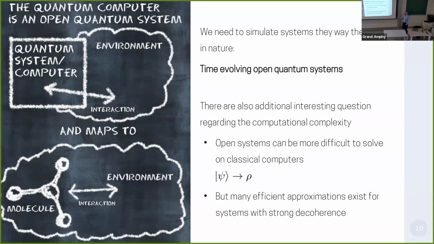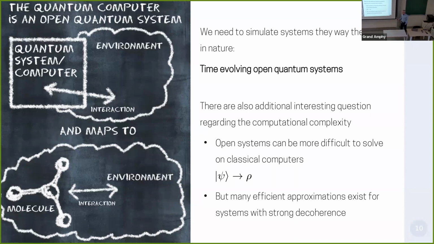Now we go from time evolving the quantum state, the state vector, to time evolving the density matrix. This has a squared number of entries. Therefore, we could conclude that the quantum computer in some sense becomes more powerful. Instead of needing 60 qubits for quantum advantage, we could, for example, do it with 30.